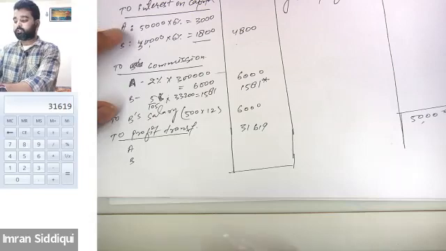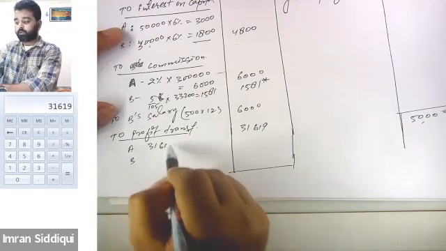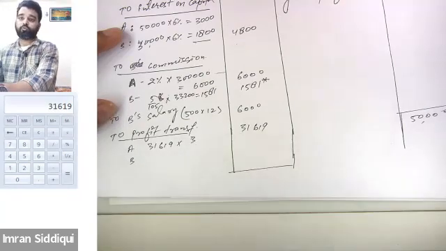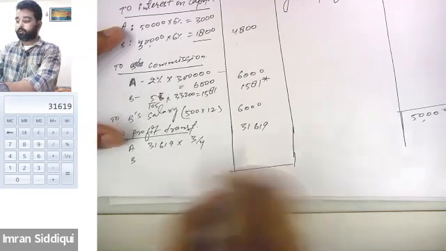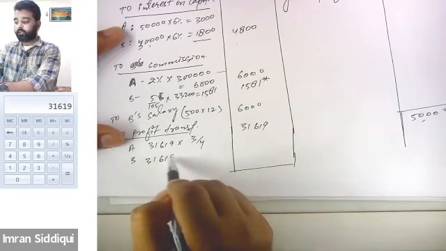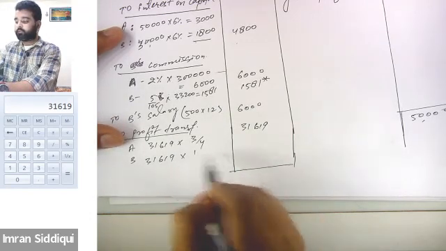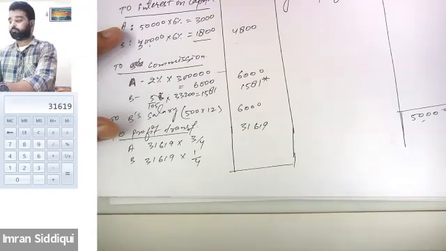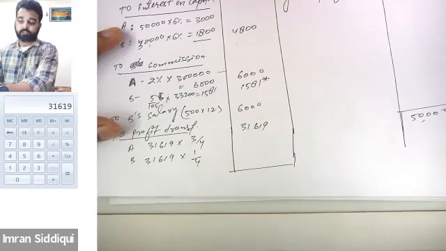So now 31,619 will be divided among the partners in the ratio of 3:1. That means 3/4 and 1/4 of 31,619 will be given. All right, everyone. Is that clear, all of you?